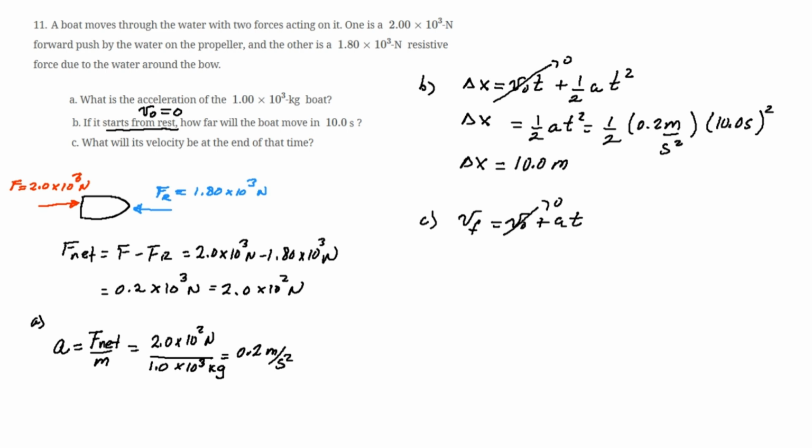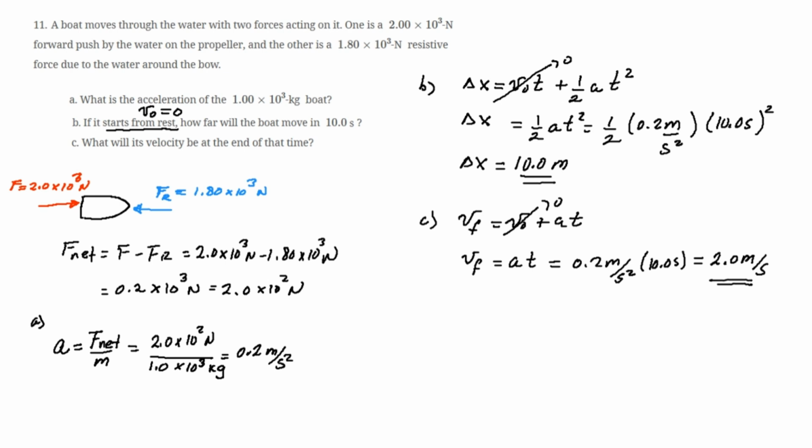We know that v initial is 0 because the boat was initially at rest. So v sub f is equal to a t, which is 0.2 meters per second squared times 10.0 seconds. So this would be basically 2.0 meters per second. At the end of the 10 seconds, the velocity of the boat would be 2 meters per second in the direction of the force.